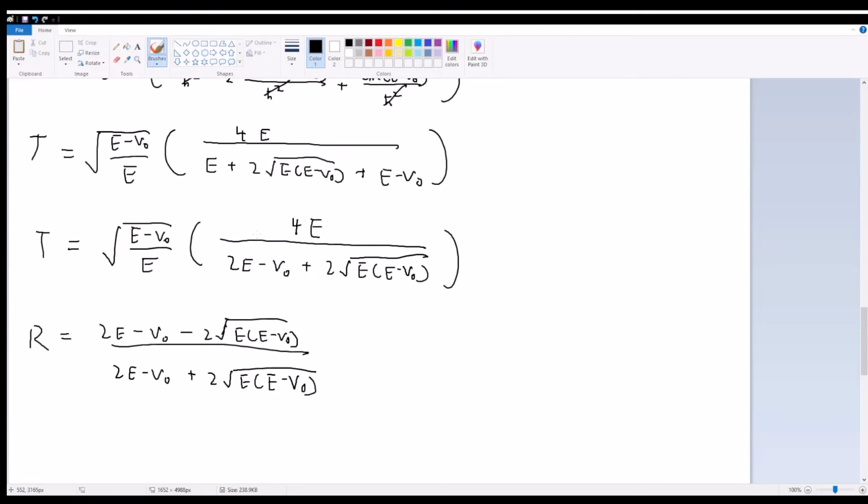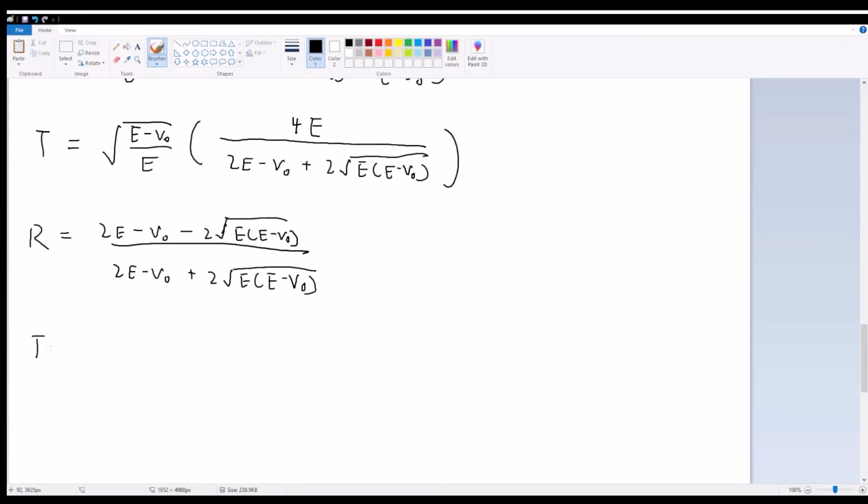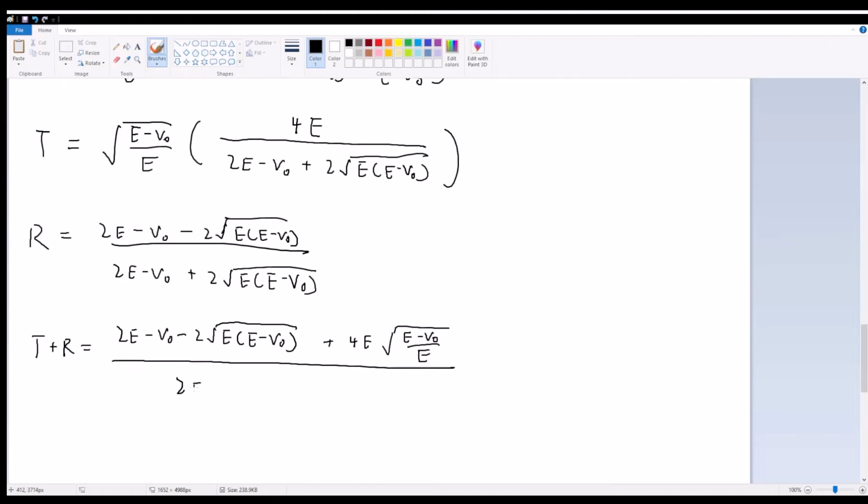So what I get is that T plus R is now equal to 2E minus V naught minus 2 square root of E times E minus V naught plus 4E times the square root of E minus V naught over E. And then all of this divided by 2E minus V naught plus 2 square root of E times E minus V naught.